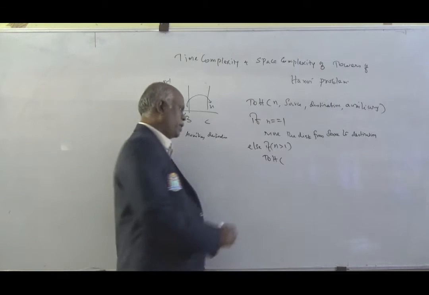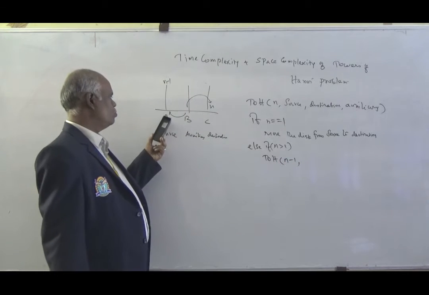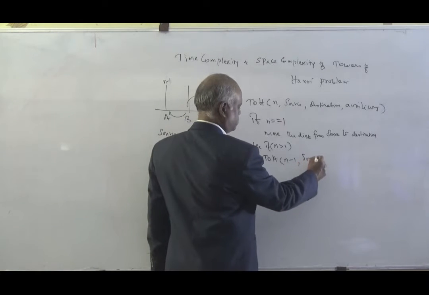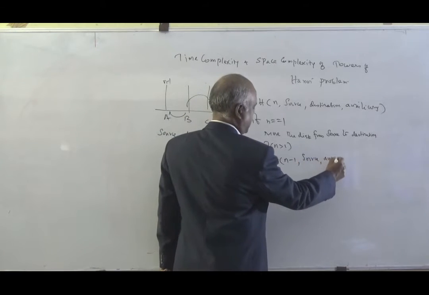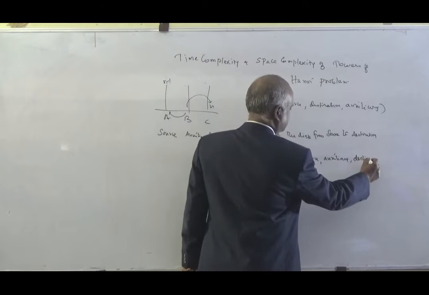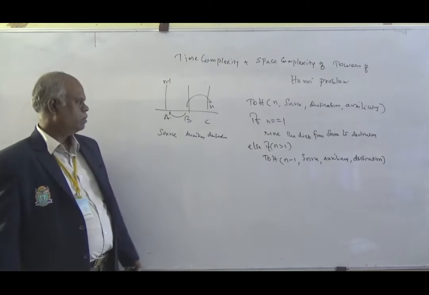So towers of Hanoi, n minus 1, now we have to move from source to auxiliary, using destination as the intermediate.